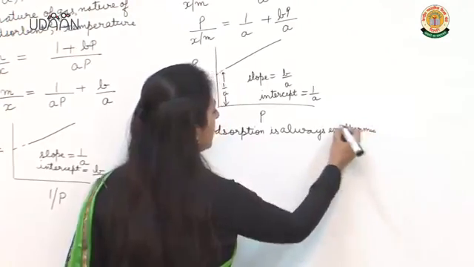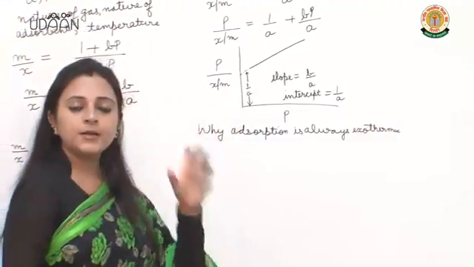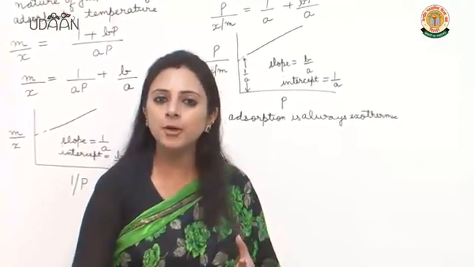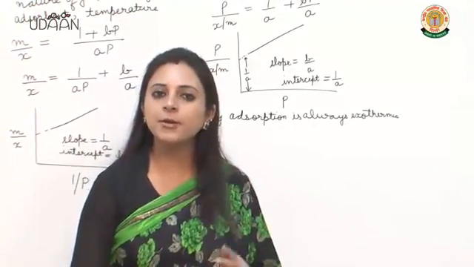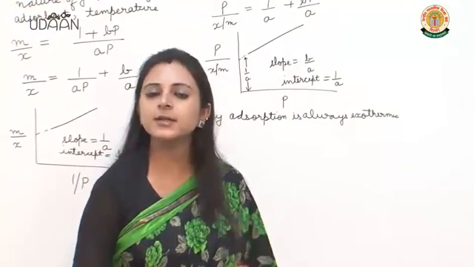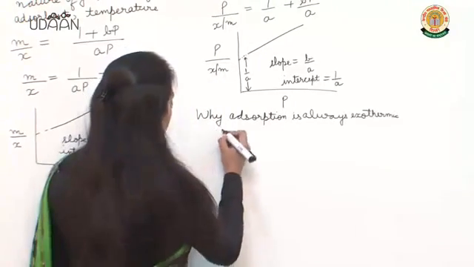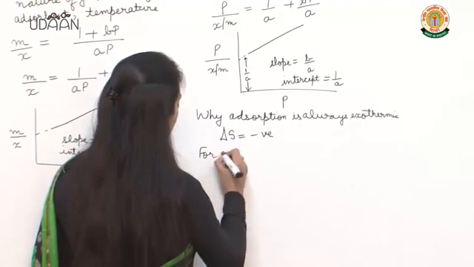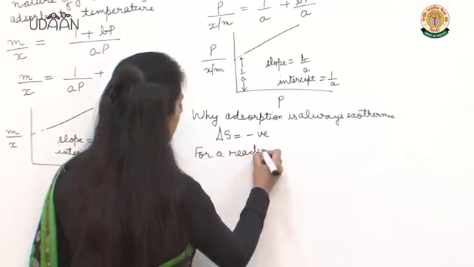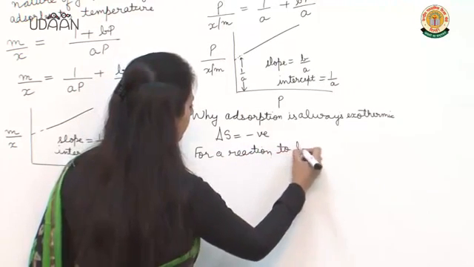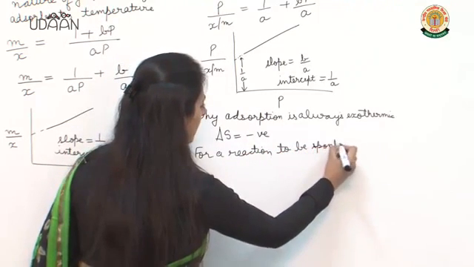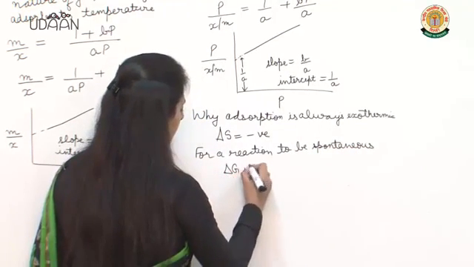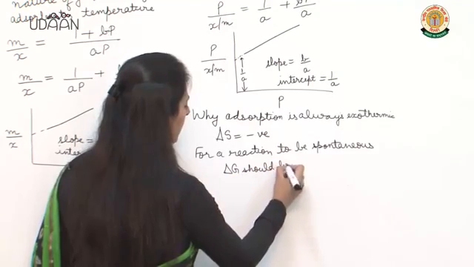Now what is happening in case of adsorption? पार्टिकल्स या मॉलिक्यूल्स सरफेस के ऊपर रिटेन हो गए हैं, उनकी मूवमेंट कम हो गई है. That means disorder and randomness of the system has decreased. इसका मतलब क्या है कि delta S is negative. Now for a reaction to be spontaneous, delta G should be negative.